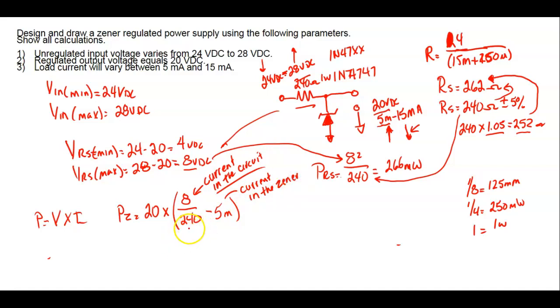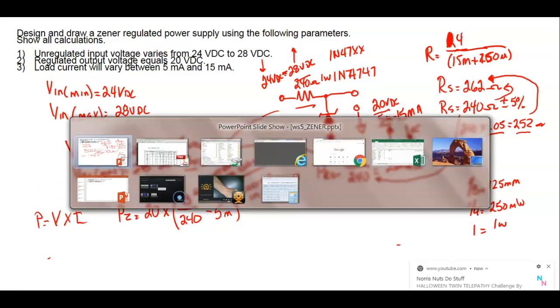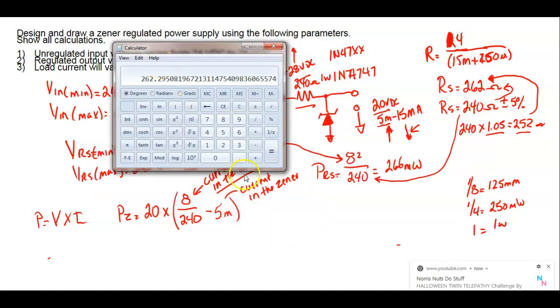Now, some people like to work this out in one whack. You can work the formula backwards. So you can say 8 divided by 240 minus what? 0.05 equals, nope, something's going on.